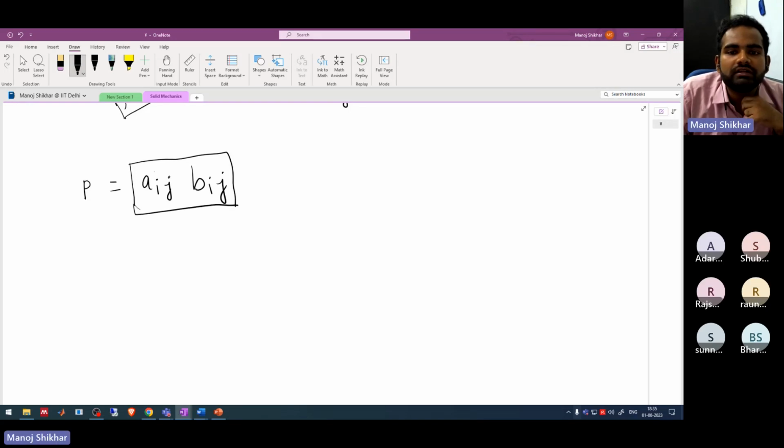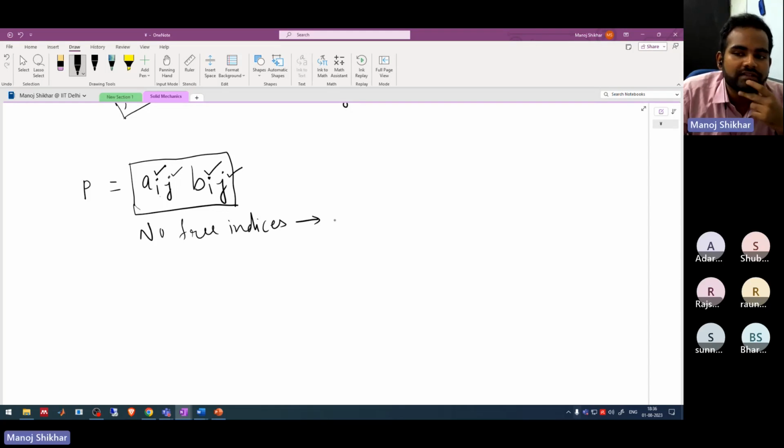Here I is coming and here also I is coming. So I is repeating. It is not free anymore. Suppose I write I equal to 1 here, I will have to write I equal to 1 here also. Similarly, if I write J equal to 1 here, I will be forced to write J equal to 1 here. So here no free index is there. No free indices.